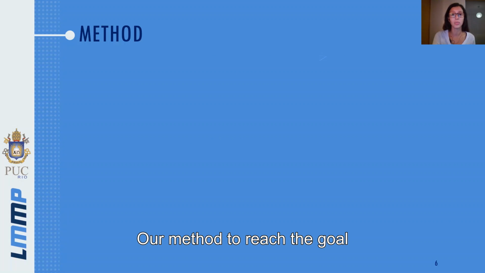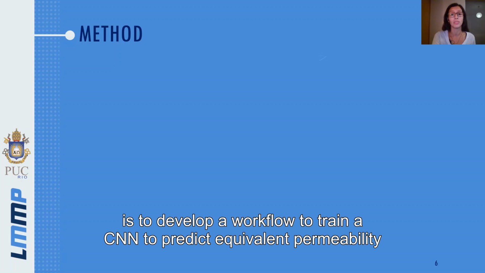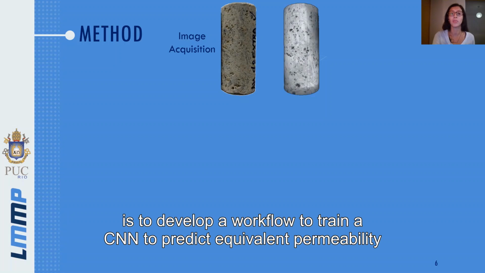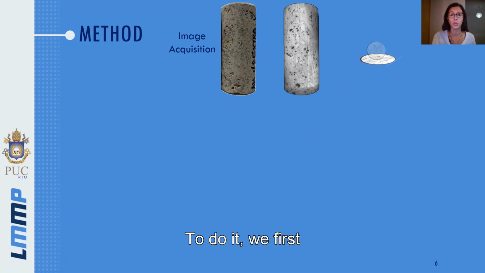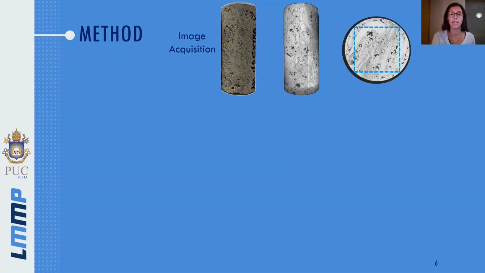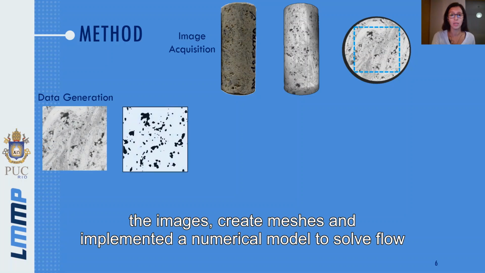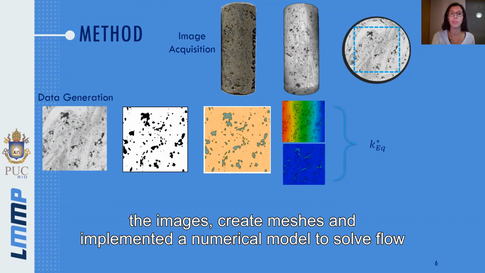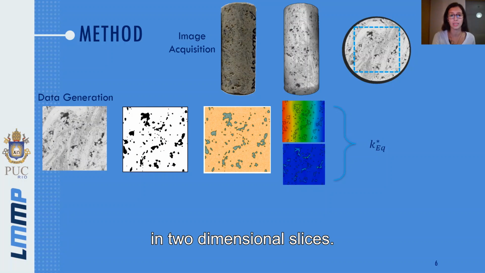Our method to reach this goal is to develop a workflow to train a convolutional neural network to predict equivalent permeability. To do it, we first acquire CT images of a carbonate sample. Next, we segment the image, create meshes, and implement a numerical model to solve flow in two-dimensional slices.